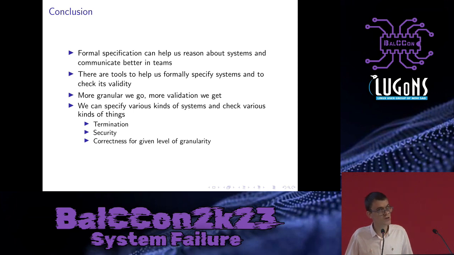So it can also be used to check if there are security bugs in our specification. For instance, if you are specifying some kind of protocol, you don't want a protocol which has security vulnerabilities before you start implementing it, because when you start implementing it, it's really hard to change the architecture sometimes.